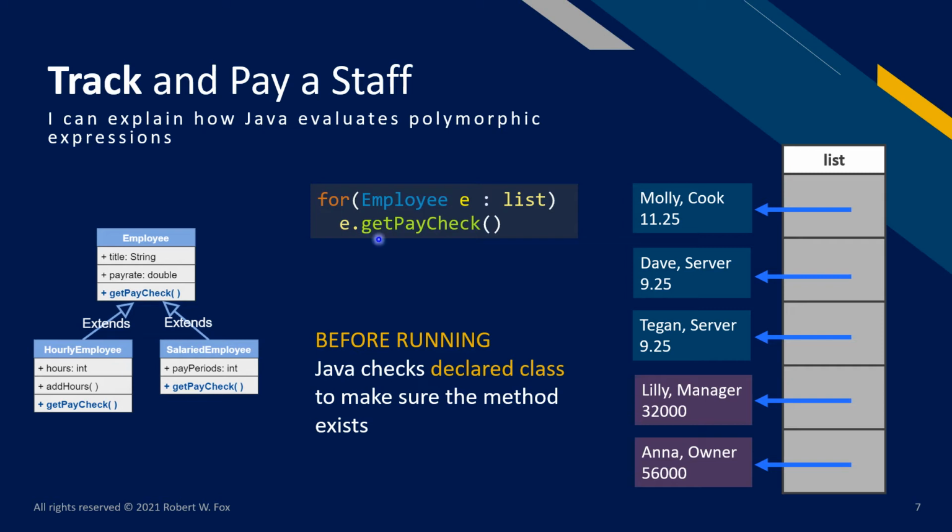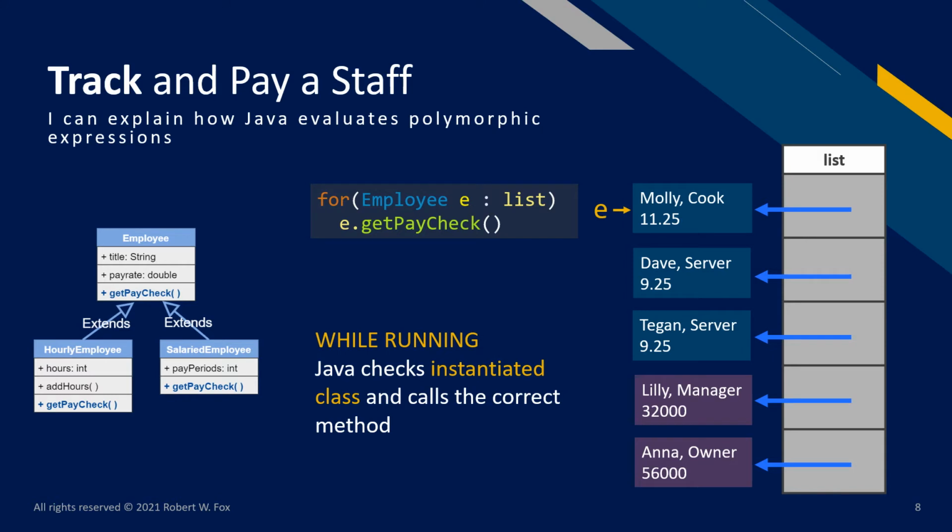It sees that we have a method call here, getPaycheck, and so what it does is it checks the declared class to make sure that method exists. Now remember, the declared class is Employee, right, for each Employee. So we look in the Employee class and we verify that the getPaycheck method exists. If it doesn't, Java's not even going to let us run the code.